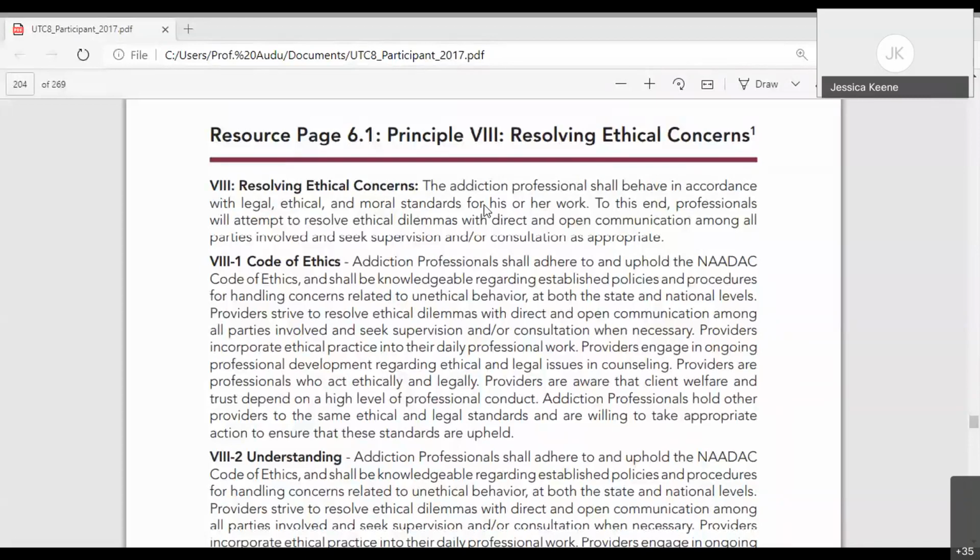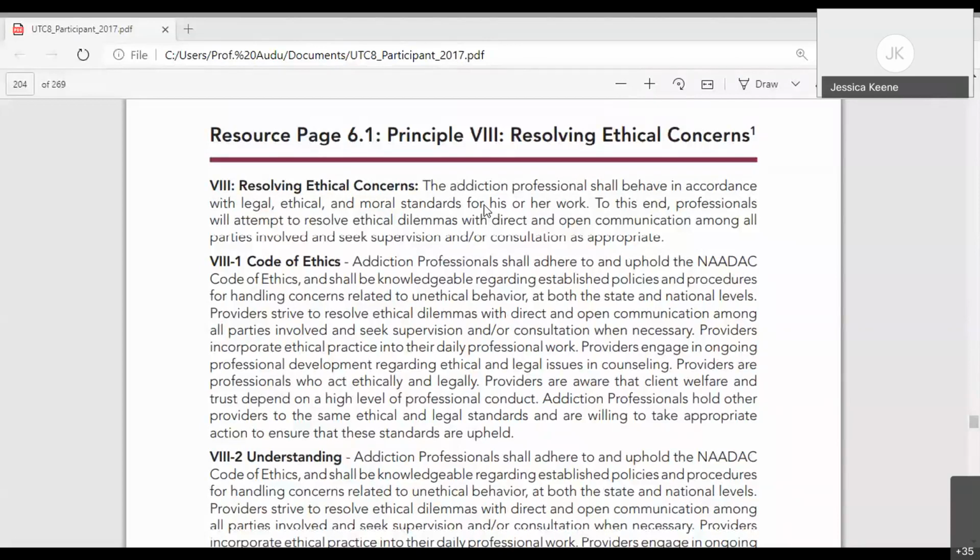Providers incorporate ethical practice into their daily professional work. Providers engage in ongoing professional development regarding ethical and legal issues in counseling. Providers are professionals who act ethically and legally. Providers are aware that client welfare and trust depend on a high level of professional conduct. Addiction professionals hold other providers to the same ethical and legal standards and are willing to take appropriate action to ensure that these standards are upheld.